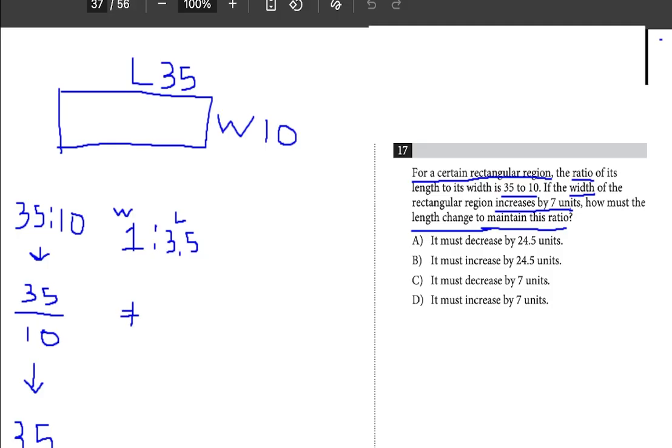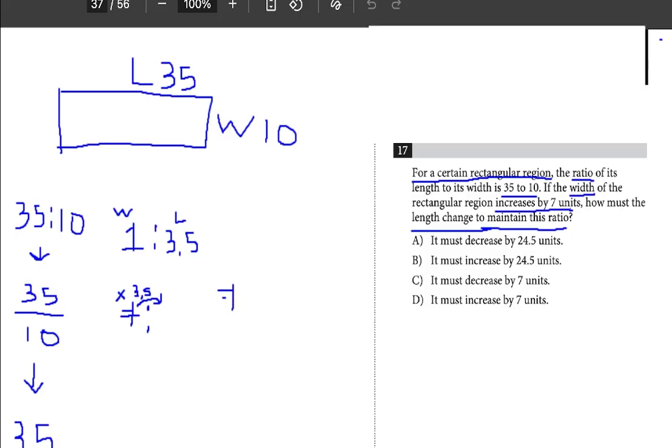So now we can say if we have 7 widths, a width of 7, we have to multiply this number by 3.5 to get what the length would be to maintain this ratio. So times 3.5 to the 7 width.